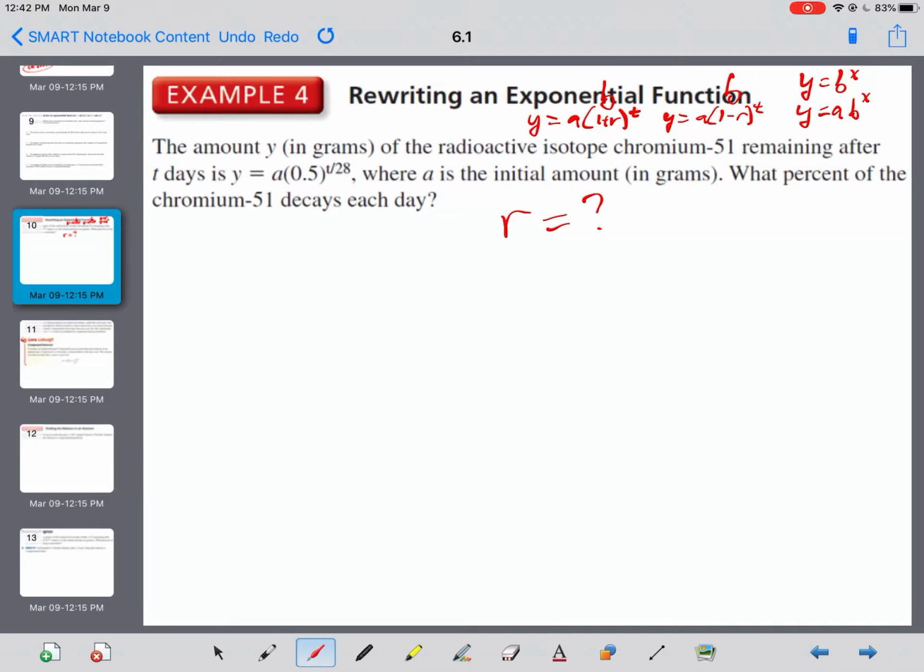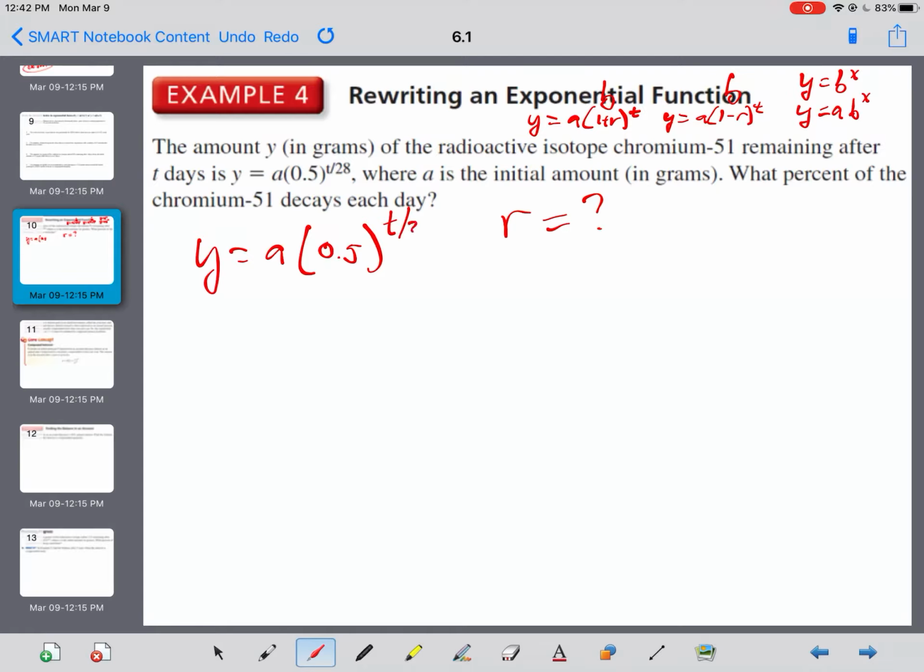What does r equal? Well, that means we have to get t all by itself up in the exponent spot, and then we can figure out that 1 plus r, 1 minus r. We do know that this is radioactive decay, so it's going down. It's going to be a 1 minus r situation. We just need to figure out what the b actually is.